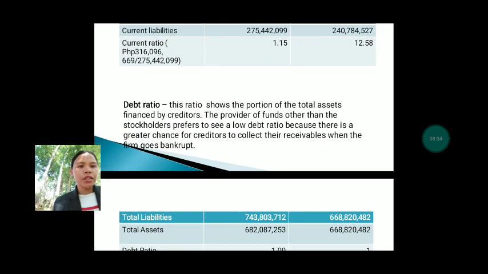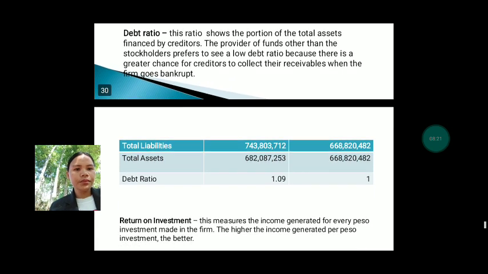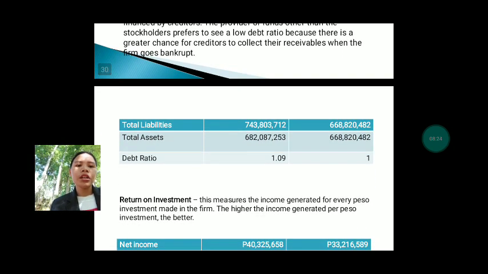Let's continue to the debt ratio. The debt ratio shows the portion of the total assets financed by creditors. Providers of funds other than the stakeholders prefer a low debt ratio because there is a greater chance for creditors to collect their receivables when the firm goes bankrupt. So total liabilities over total assets: 743,803,712 over 682,087,253.